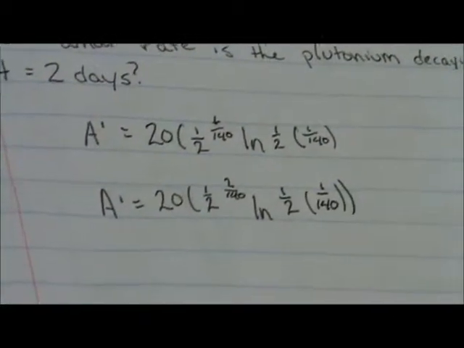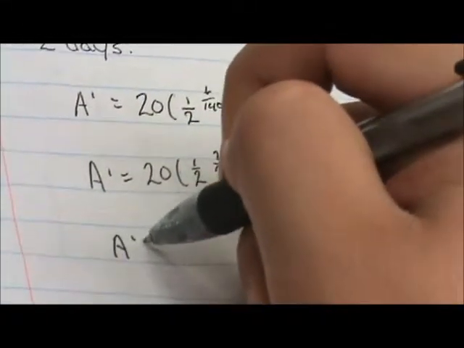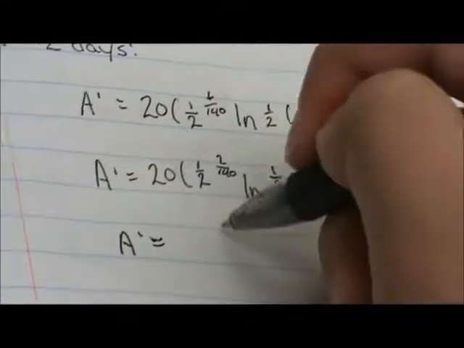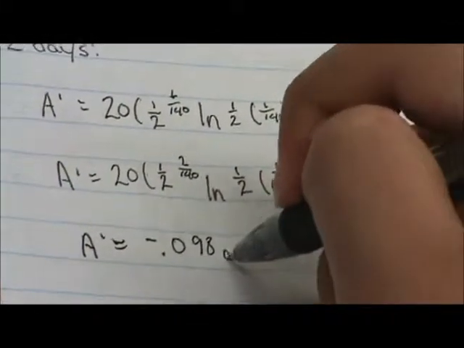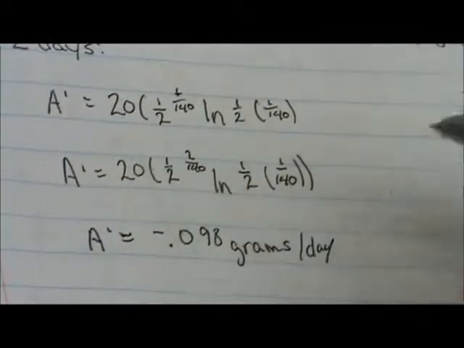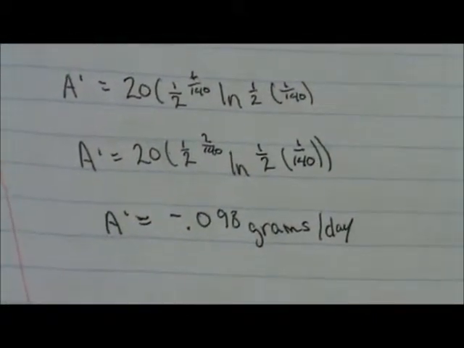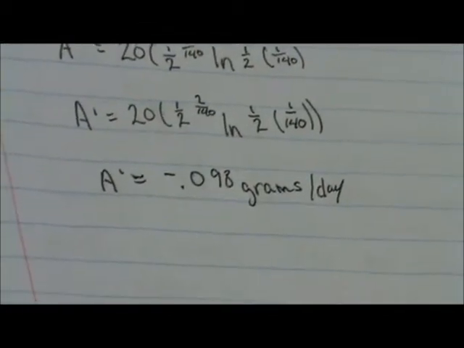And now if you plug all of this into your calculator, you get A prime equals negative 0.098 grams per day. So this means that the amount of plutonium is decreasing at a rate of 0.098 grams per day.